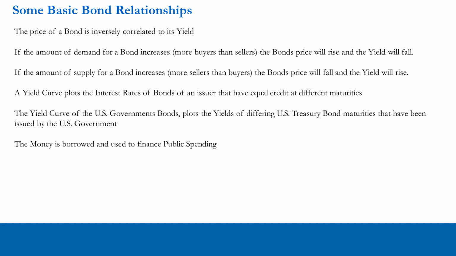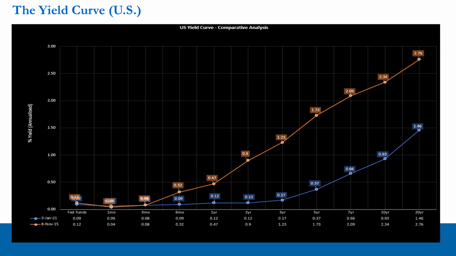And we know what it's used for. The money is borrowed and used to finance public spending. But we can actually plot the yield curve and look at this visually. So we look at the US government Treasury yields at different maturities, and we literally plot the yield curve.